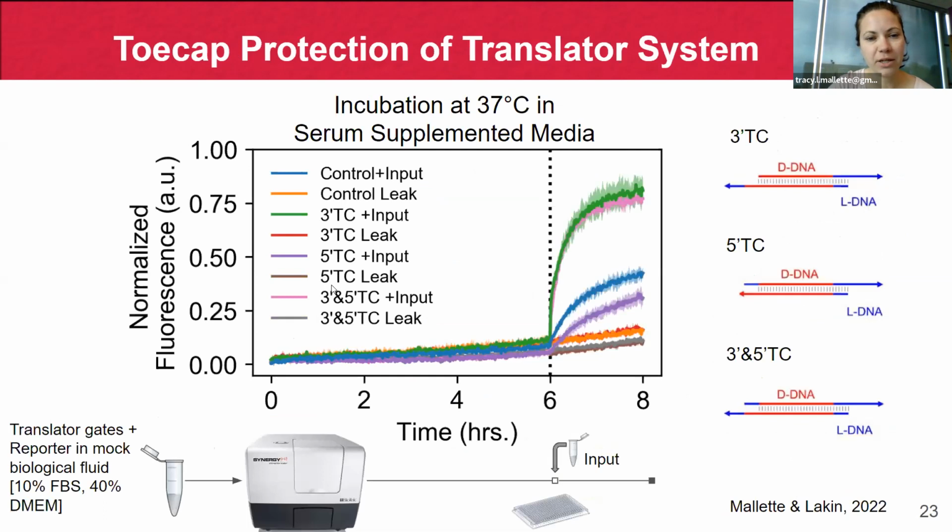So we incubated our translator circuit with either 3', 5', or 3' and 5' toecaps in the same 10% FBS and 40% DMEM, and we monitored for 6 hours before triggering in our input. And so our blue line here is our control without any toecaps, and you can see that protecting the 3' toehold really improves that system response.